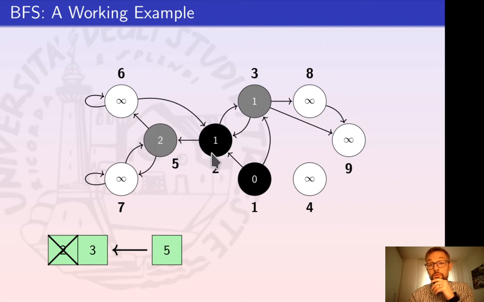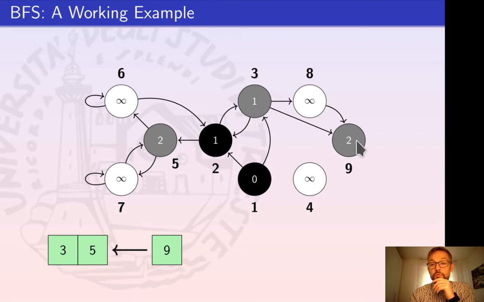Its distance from the source is the distance of 2 from the source plus 1, and since no more white nodes are directly reachable from 2, 2 becomes black, and 5 of course enters the queue. Now I deal with 3, which is at the front of the queue.